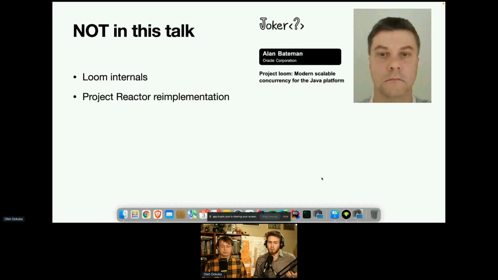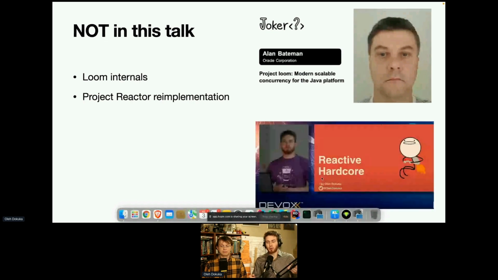We also won't be talking about a Project Reactor reimplementation for Loom, because this is not the topic, and Project Reactor likely won't be changing dramatically. If you want to learn more about the internals of Project Reactor, I have already done that in Russian, in Ukrainian, and in English. So welcome to see that presentation, or Google for a similar one somewhere.